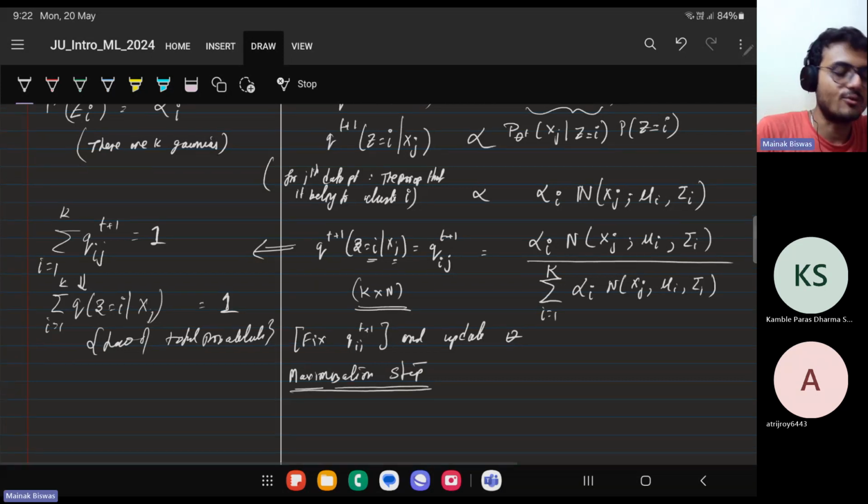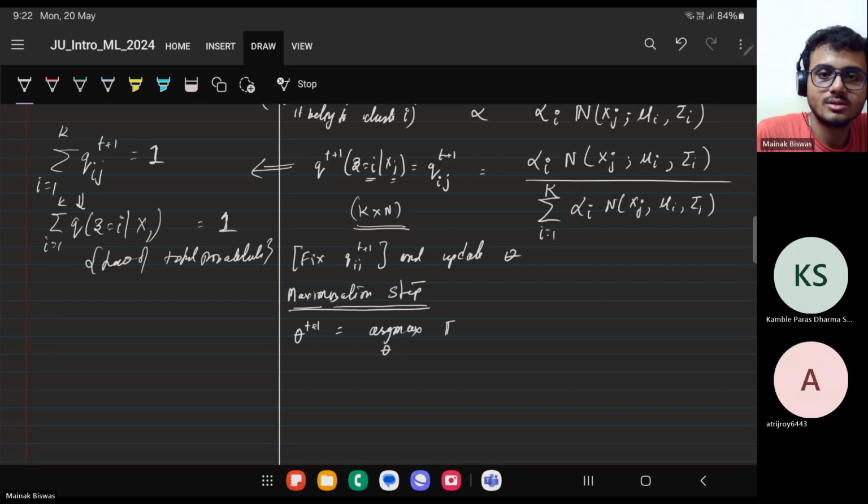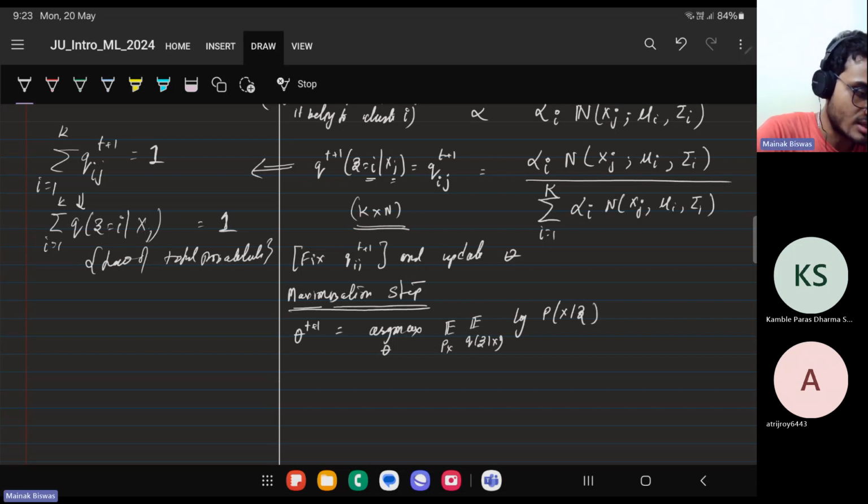In the maximization step, what do I do? Theta t plus 1 is equal to argmax of theta, expected value of Q of z given x, log of, right?